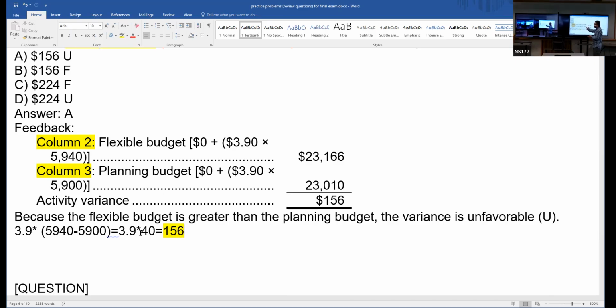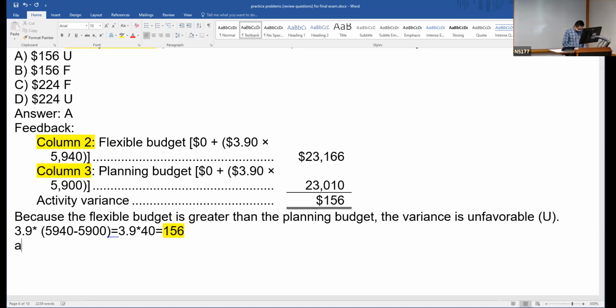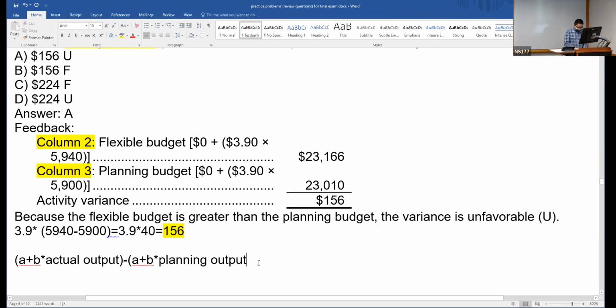Once you plug in the formula, it's A plus BX using the actual output, minus A plus B times the planning output. The A will cancel out. So it only equals B, the variable component, times the actual output minus the planning output.